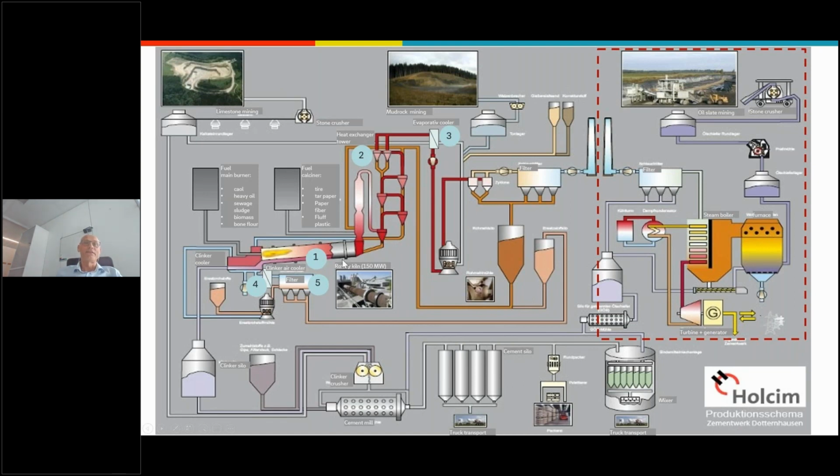So that is the main part of the cement industry, and we have heat on this side and we have heat on this side. The heat on this side normally is going to the evaporator cooler. This is number 3. The heat on this side is the exhaust side, and this is the air side, where we have the clinker air cooler.